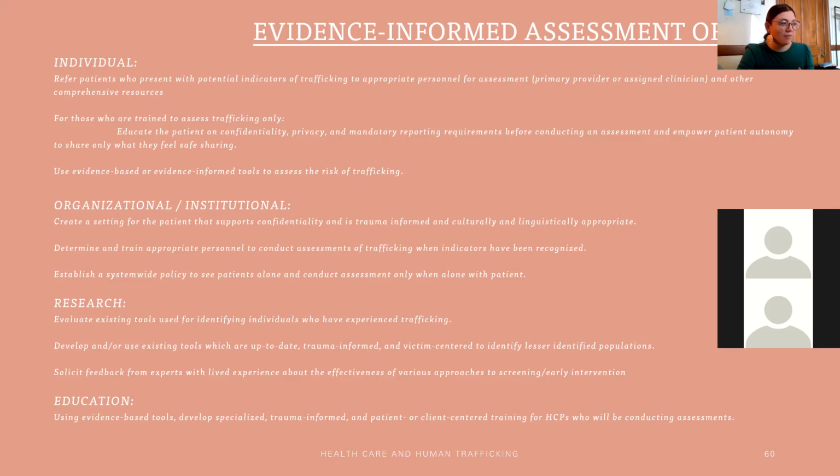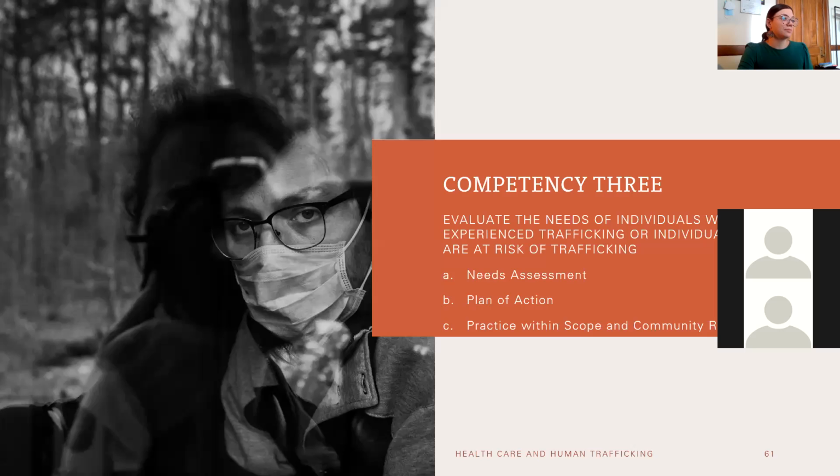If people who have experienced human trafficking say the screening tool did nothing, or it made them more fearful, or it prevented them from disclosing, maybe that's not the best thing to do. See if there are people in your community, in your service area, people who've received services from you, if the screening tool was helpful. Education, again, evidence-based, specialized, trauma-informed, patient-centered, and client-centered trainings for conducting assessments.